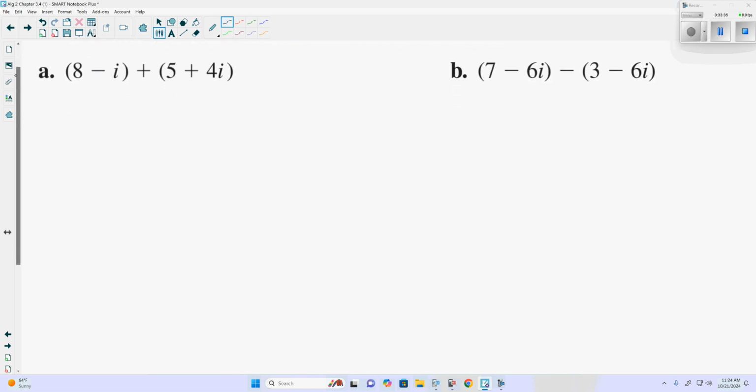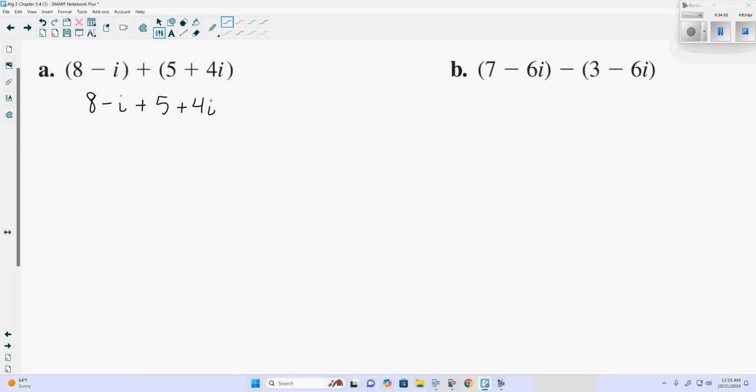Let's look at the problem. 8 minus i plus 5 plus 4i. Now, since here we're adding, we can just drop the parentheses. We have 8 minus i plus 5 plus 4i. Since there's not a negative sign in front of the parentheses or a number in front of them, we can drop the parentheses.